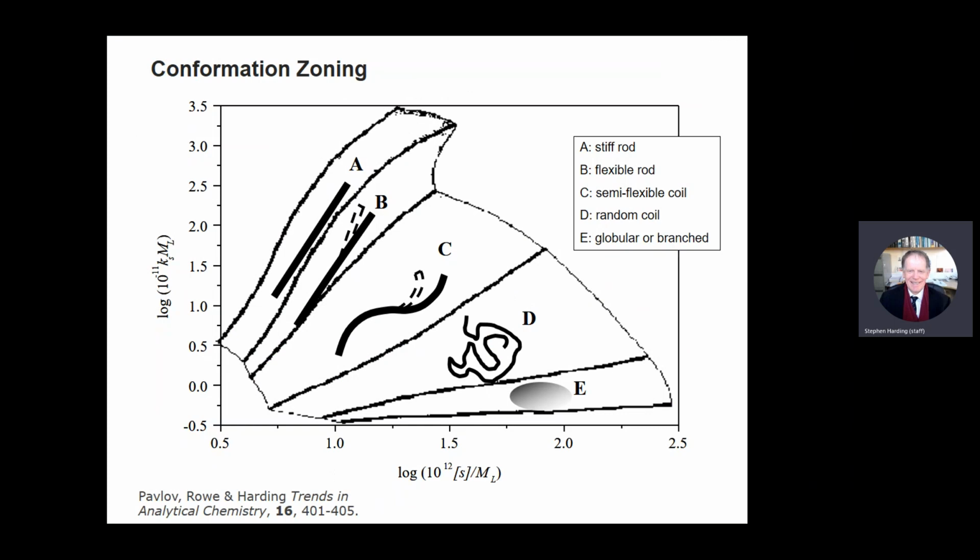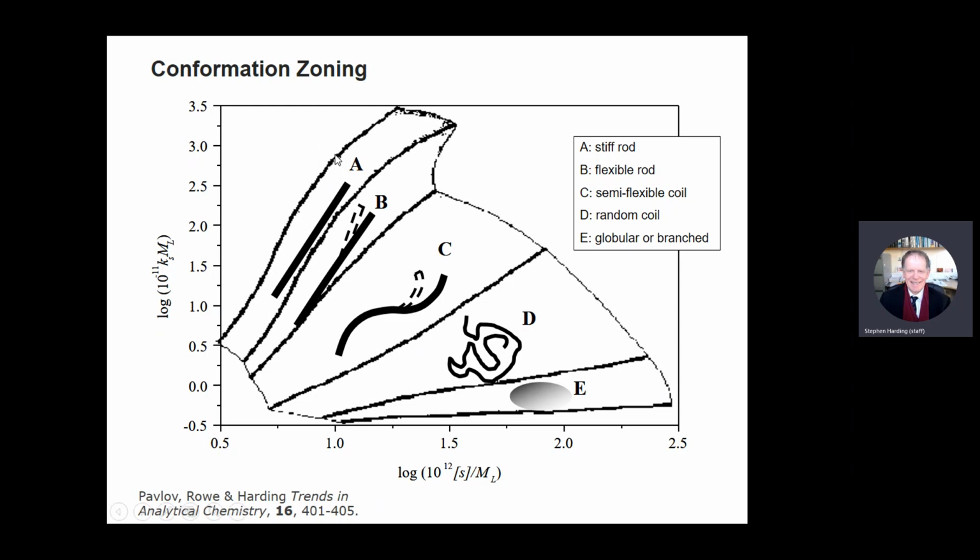And then conformation zoning. Course 2 will finish in a second. This is again what we talked about in the last lecture, about the different zones: stiff rod, flexible rod, semi-flexible coil, random coil, globular or branched type of molecule. How do you find out what type of conformation zone, or qualitative conformation zone, you have?